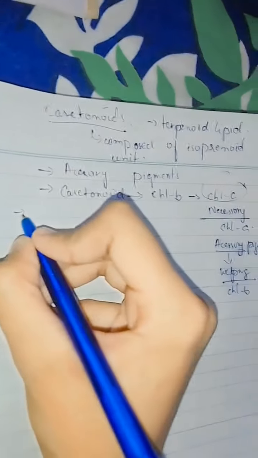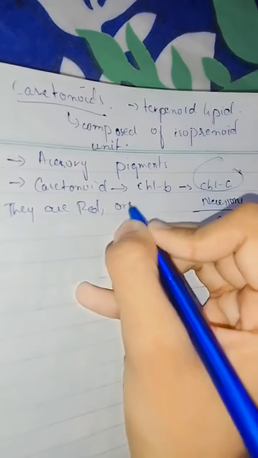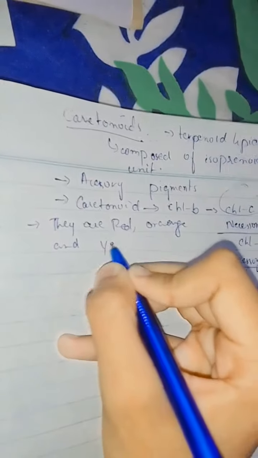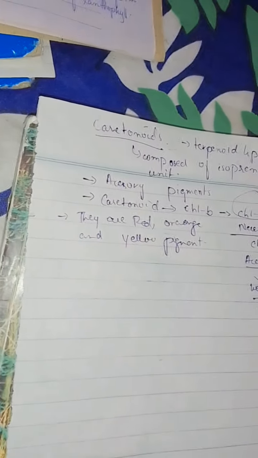So if we talk about their color, they are red, orange and yellow pigments.